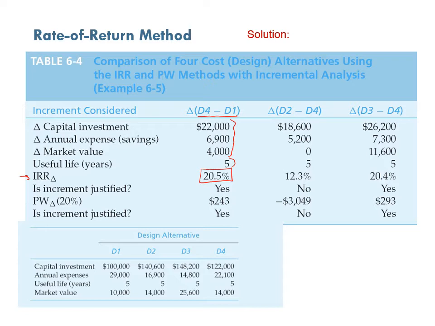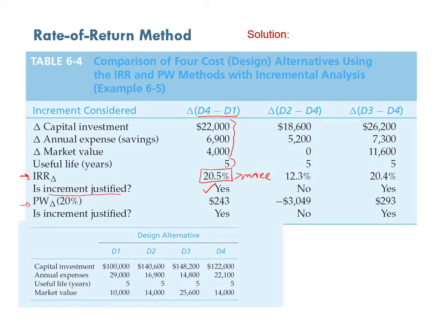And since this rate of return is greater than MAR, 20%, it means that the increment is justified, so we continue with D4. We stop D1 being a base project, we exclude it. Now our new base project is D4. So this is IRR.